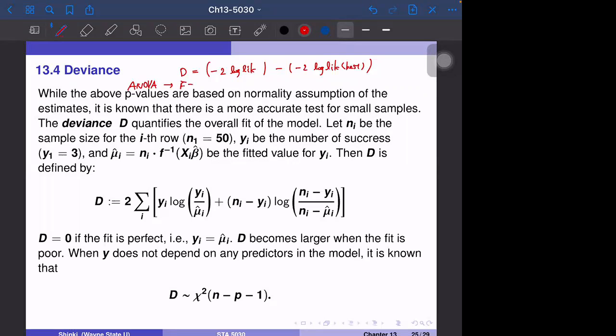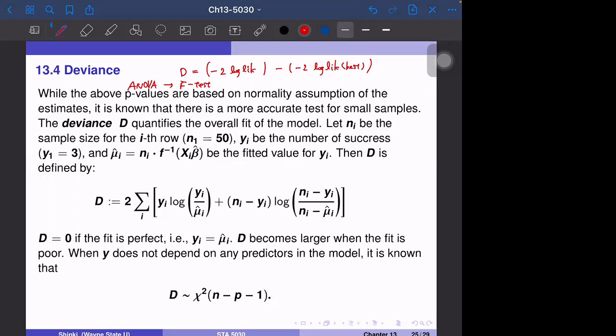Linear regression is good, and if you want to compare the null hypothesis against the alternative, usually the smaller model against the larger model, we have the exact F statistic, and you can use the statistic to test the hypothesis.